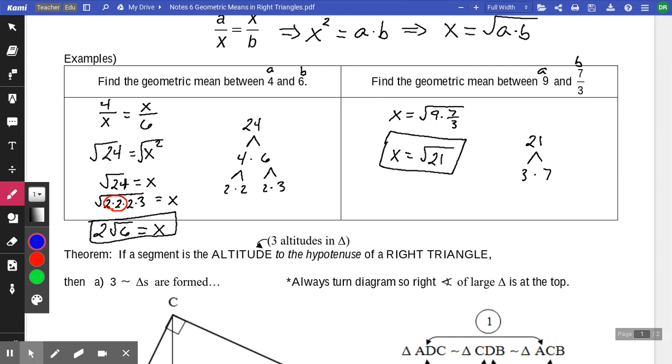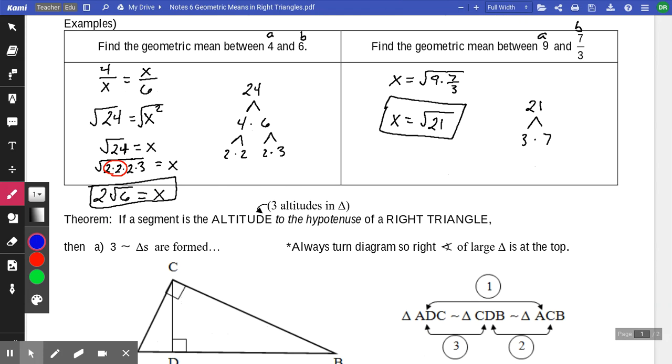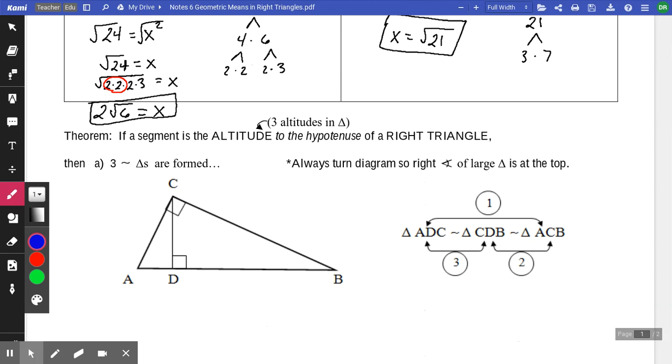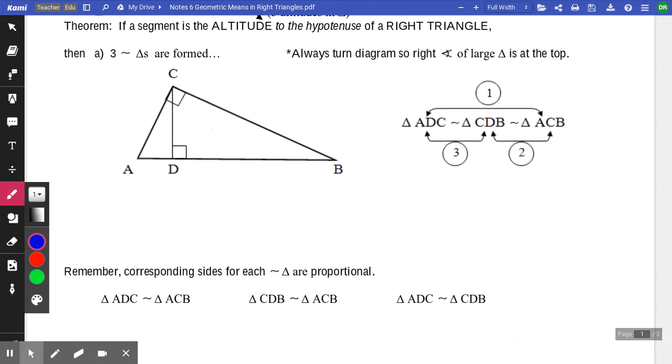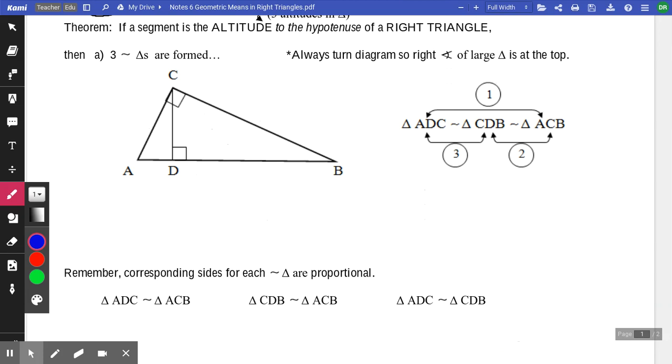So what I want to do next here is see how this idea of geometric mean can apply to a special setup in triangles. If you look at this diagram, you see we have a large right triangle. Triangle ABC is a right triangle with the right angle at C. And we've drawn in a segment called the altitude within this triangle. There are 3 altitudes we can draw in.